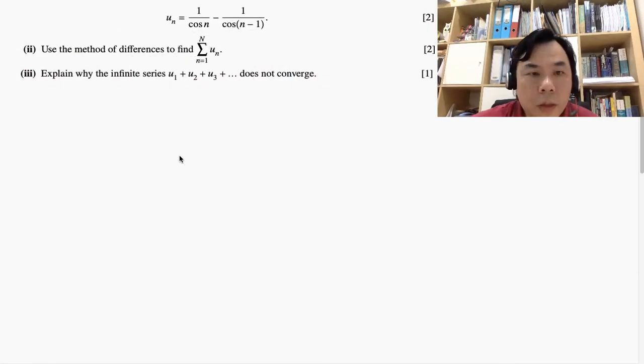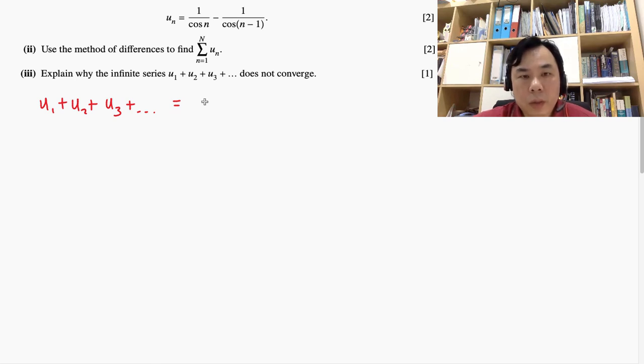Right, let's look at the last section for this question here. We need to explain why the infinite series u1 plus u2 plus u3 until infinity does not converge. So u1 plus u2 plus u3 and so on and so forth can be written in summation form using limits.